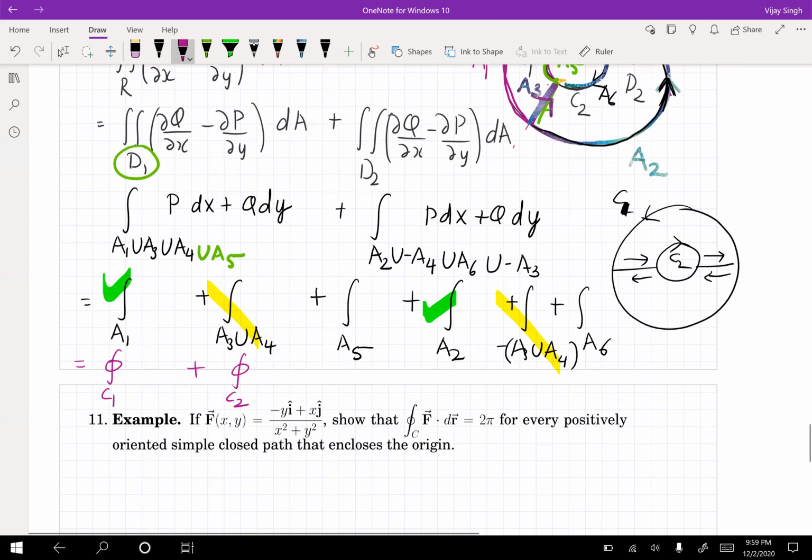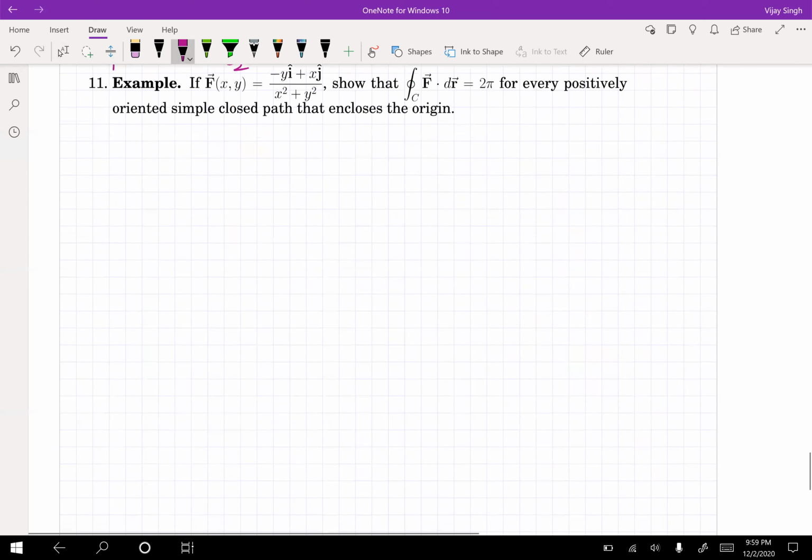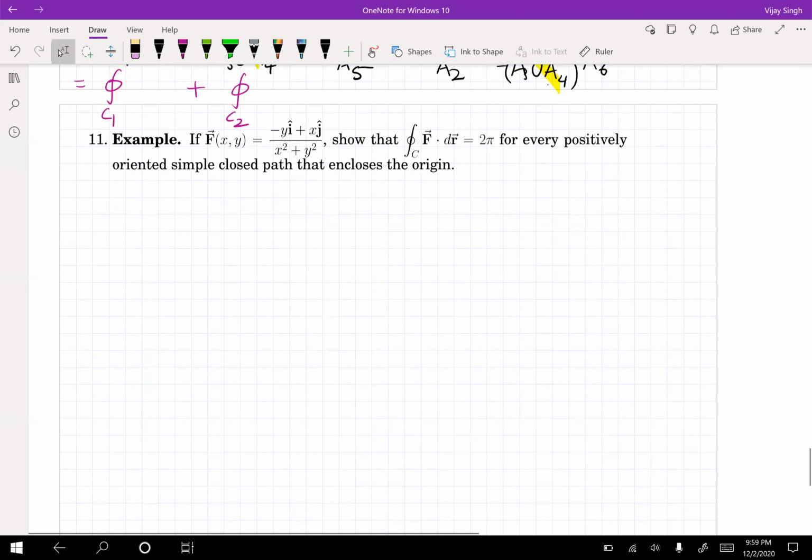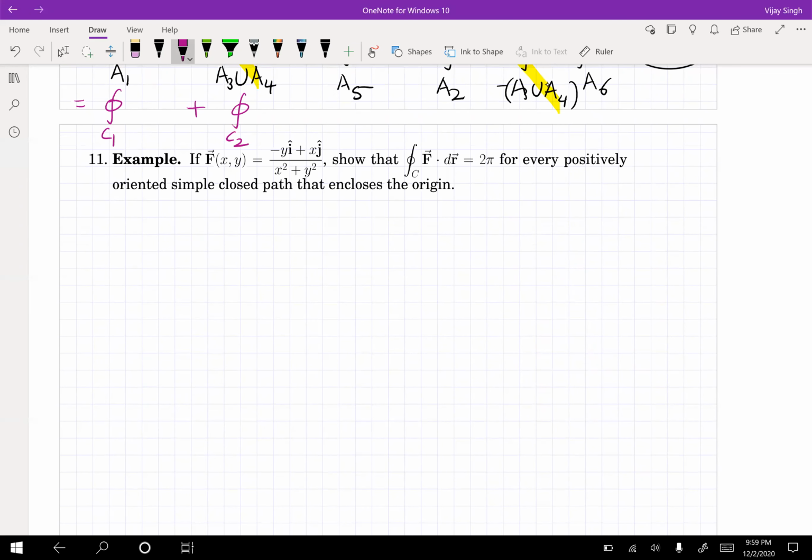So now, what is the beauty? Let's look at a nice application of this. Suppose we have F, a vector field, which has a problem at (0, 0).